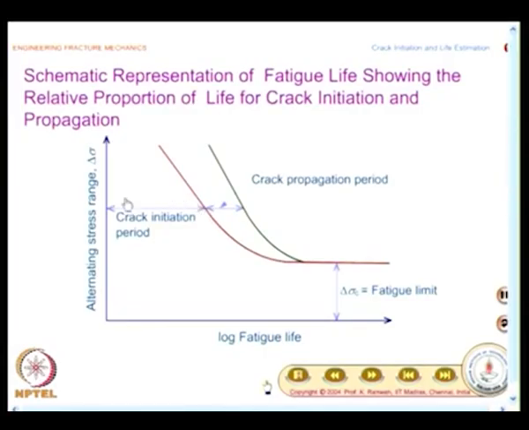And we would see later what are the mechanisms for crack initiation. After discussing the crack propagation phase, towards the end of this chapter, we would also see models that tell you how a fatigue crack gets initiated.